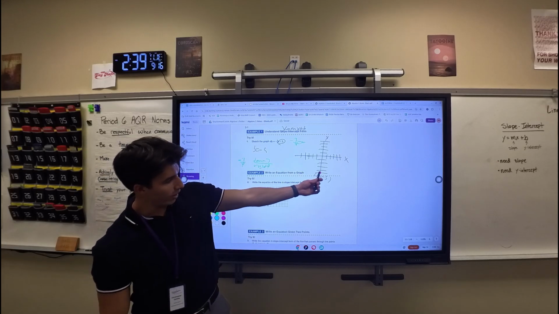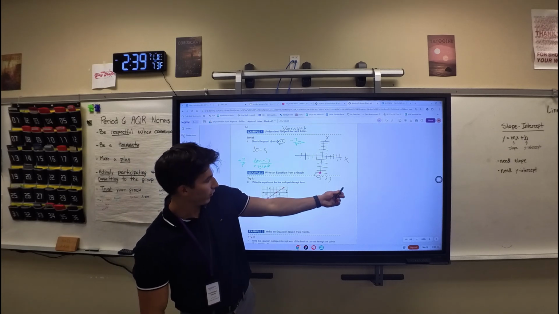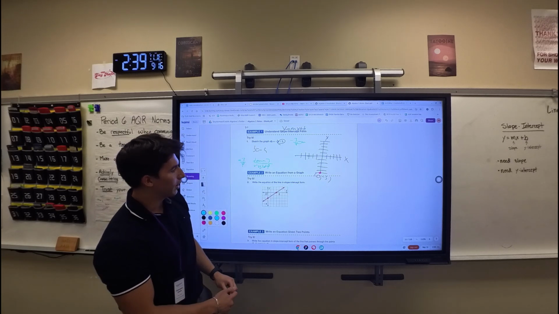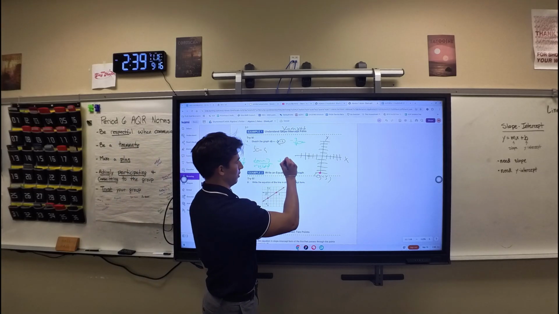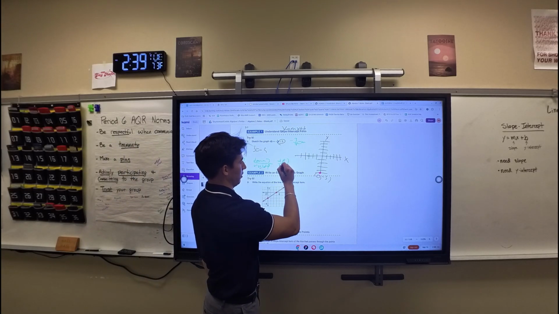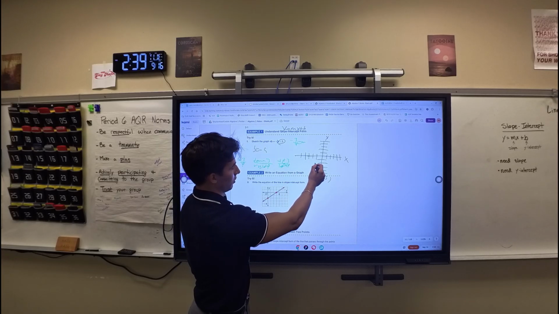But if we look on our graph right here, we can't go down 3 and right 4 because we'll be all the way over here off our coordinate plane. So instead, we're just going to do the opposite of that, and we're going to go up 3 and left 4. So 1, 2, 3, 1, 2, 3, 4, right there.